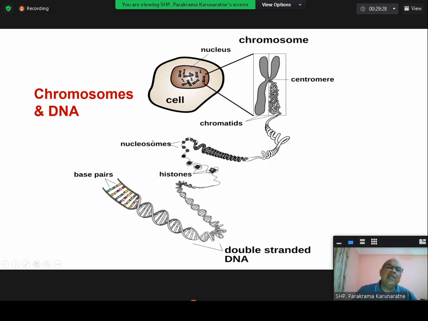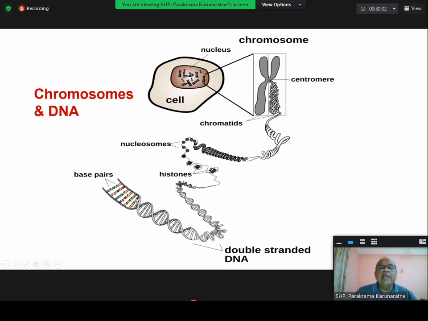The word nucleosome, fine. So these are nucleosomes, right? Because the word some always comes: ribosome, centrosome, nucleosome. It just means body. So you can see a long DNA molecule, only one molecule here.